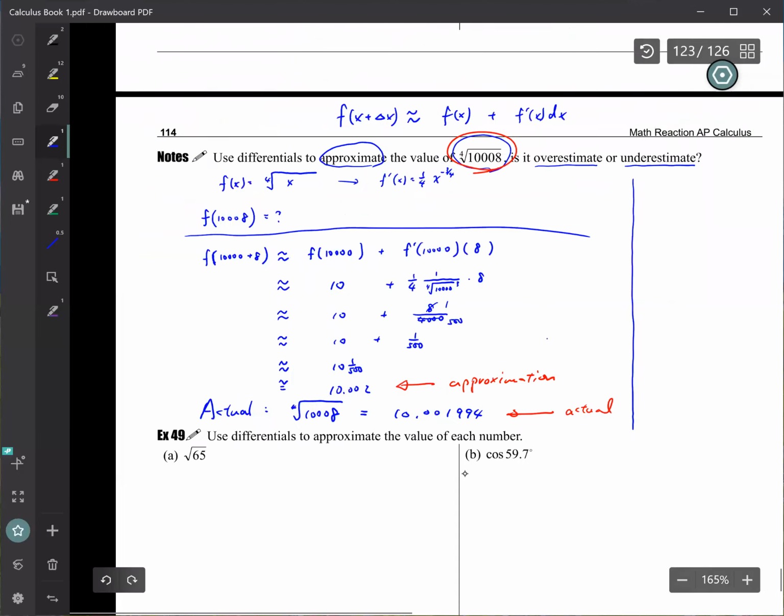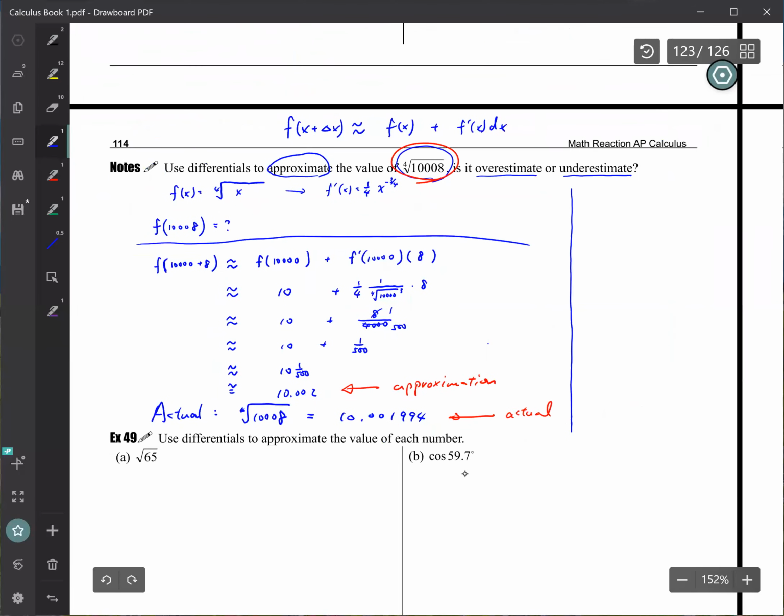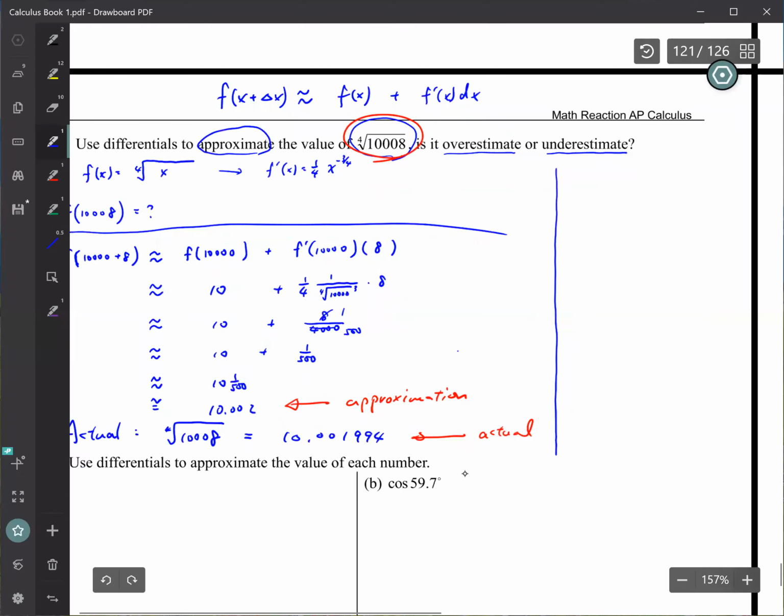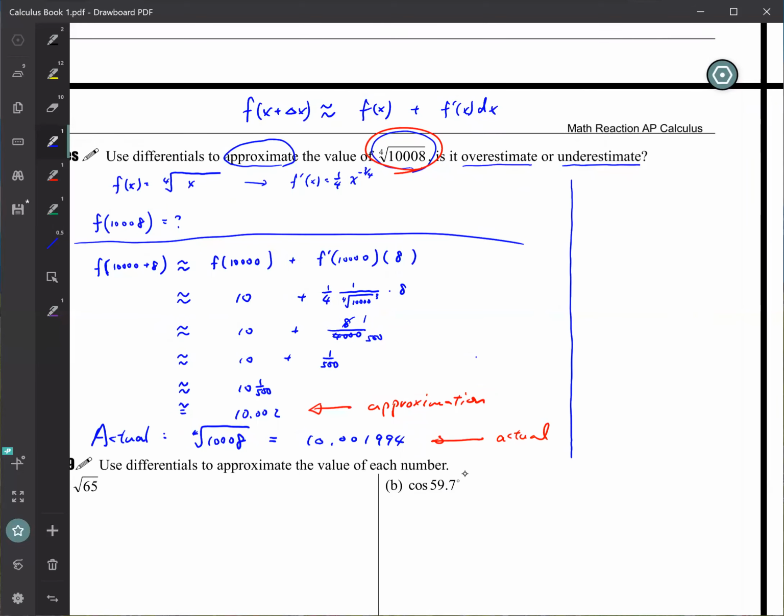Yeah, over. So usually the question, they won't ask you to go through all this and check, right? That will be too easy. So they will ask, can you find out over or under without actually estimating it? Okay, then that will be the harder part.